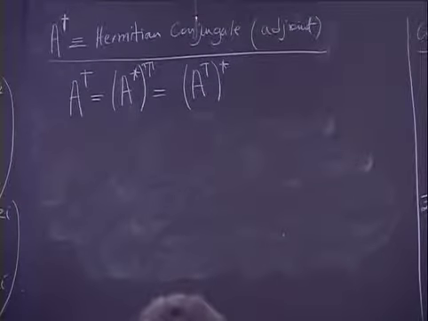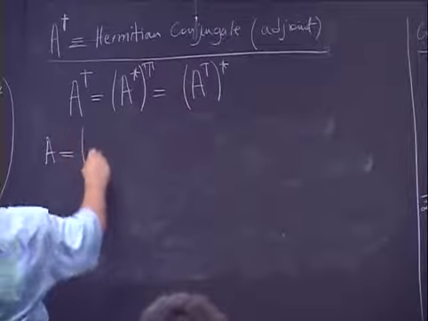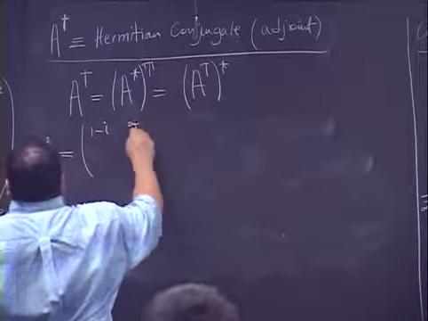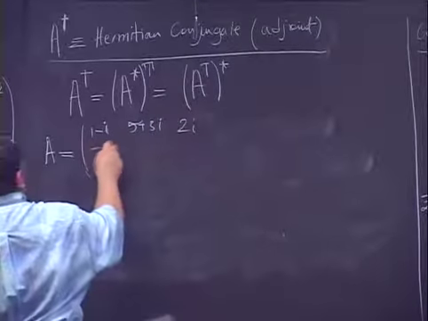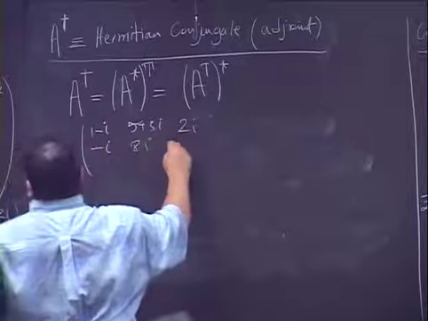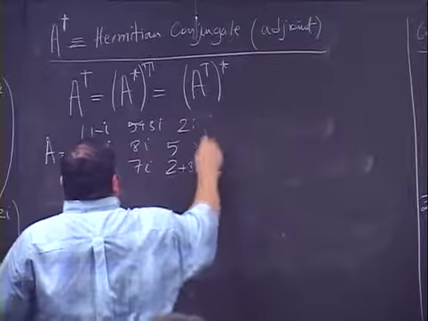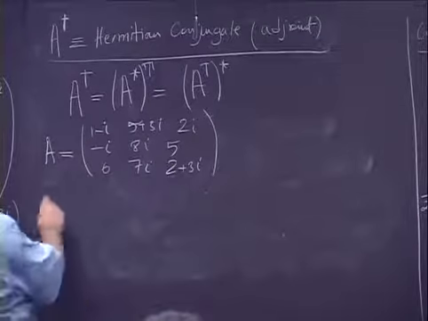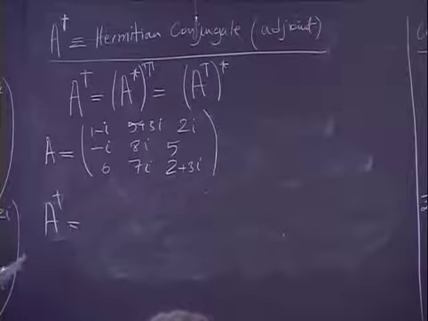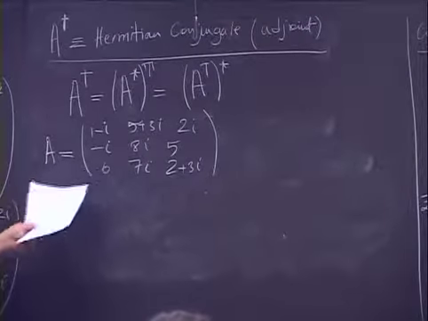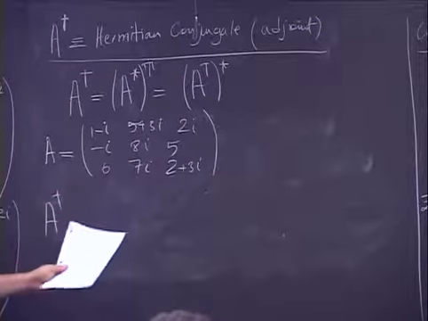So for this matrix A that we just defined, A is 1 minus i, 5 plus 3i, 2i, negative i, 8i, 5, 6, 7i, 2 plus 3i. What do you think A dagger should be? From here, we'll take the complex conjugate of all the elements, then we will transpose it.